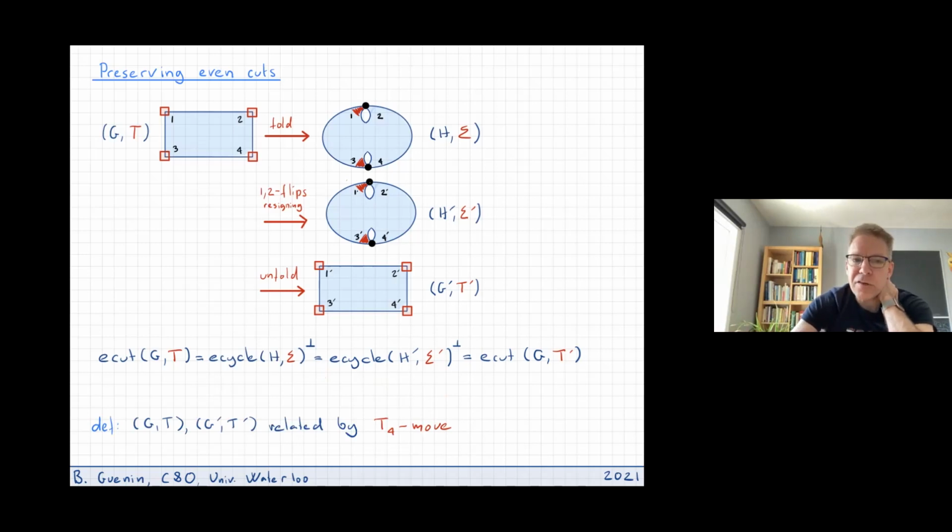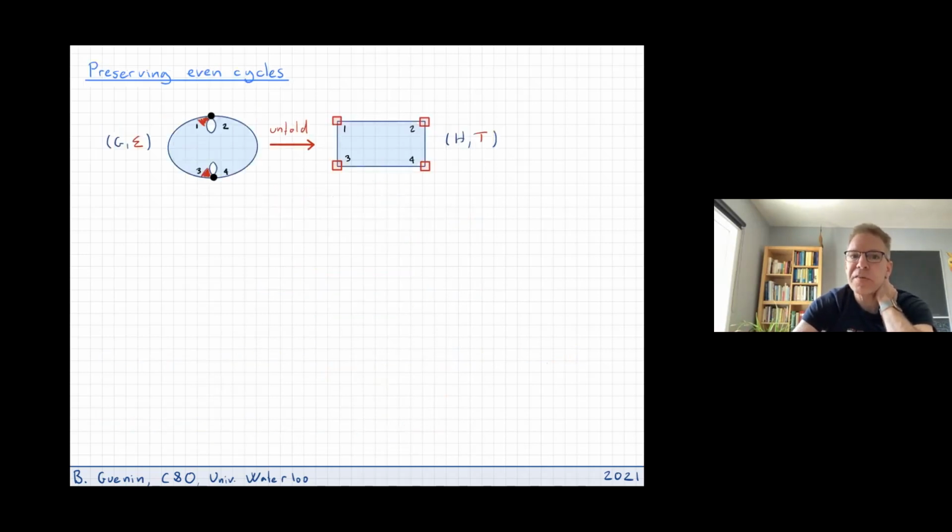Okay, now you can see that you can probably do the same thing with even cycle, but just do the operation in the other way, right? So you start off with a blocking pair, then you unfold it, and then you do a bunch of 1 flips and 2 flips. Now you have to be a little careful on how to redefine T prime, but I'm going to skip that.